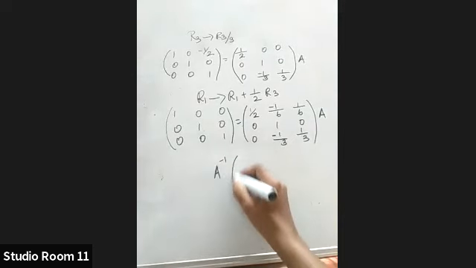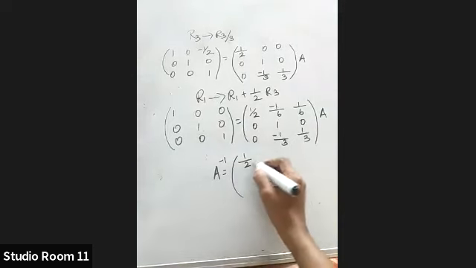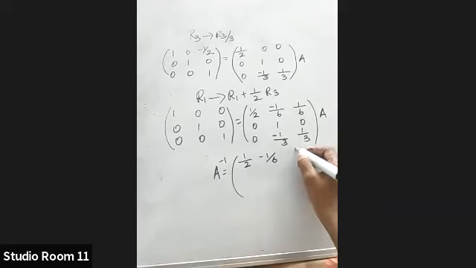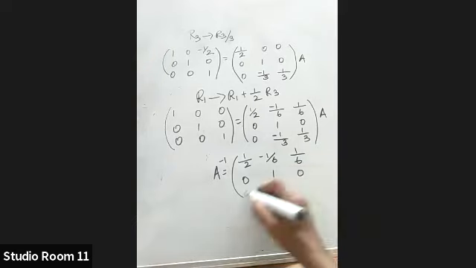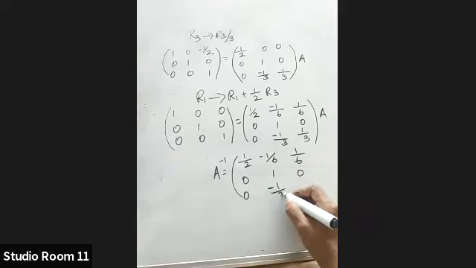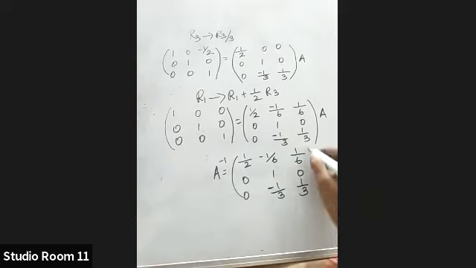A inverse is half, minus 1 by 6, 1 by 6; 0, 1, 0; 0, minus 1 by 3, 1 by 3. This is A inverse. Go through this, children. Is it clear?